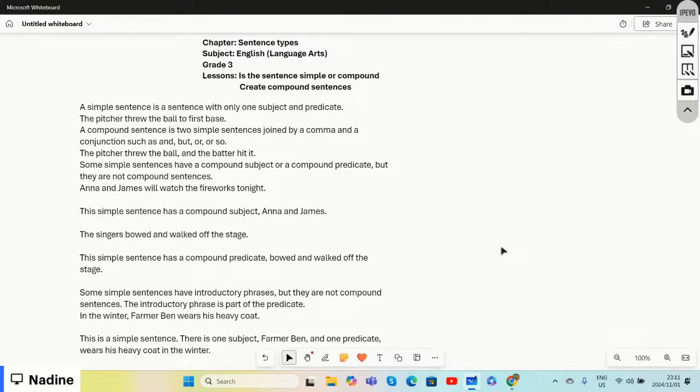All right. So today we are going to say if the sentence is a simple sentence or a compound sentence, and we are going to create compound sentences.